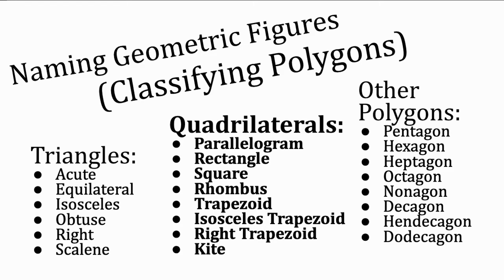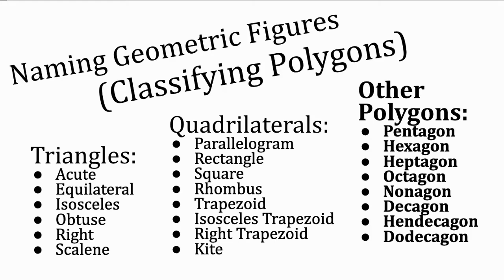There's isosceles trapezoid and right trapezoid. Can't forget kite. And this isn't even all the other polygons. We've only gone up to 12-sided: pentagon, hexagon, heptagon, octagon, nonagon, decagon, hendecagon, dodecagon.